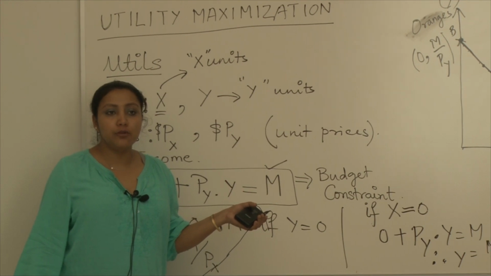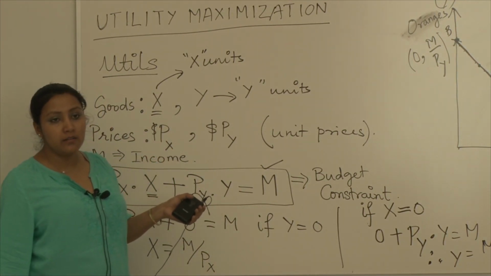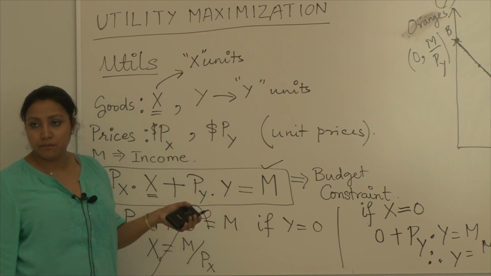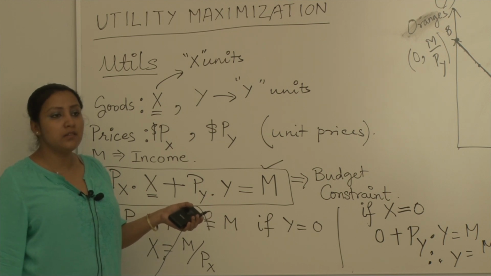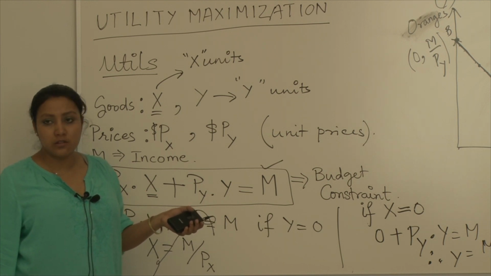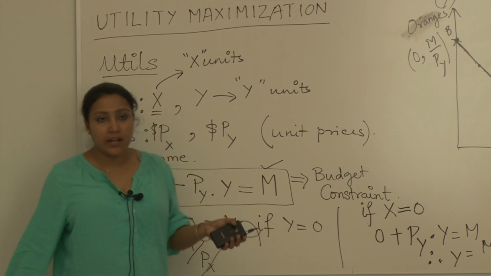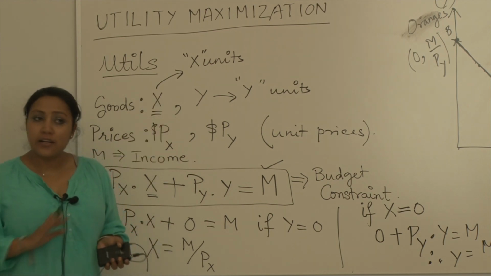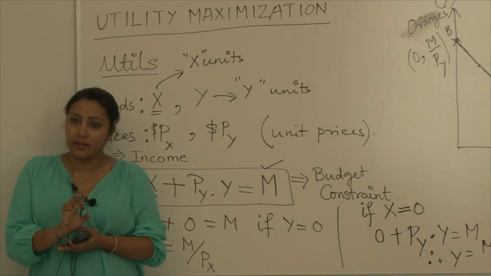In math, a straight line looks like Ax plus By equals C, where x and y are two variables, and A, B and C are three non-zero constant numbers. If you plot that equation, it will look like that. That is exactly what we are doing. We are just plotting the equation of that straight line.